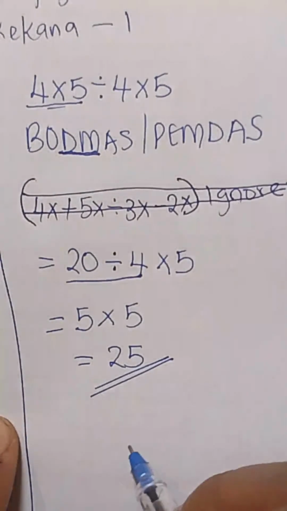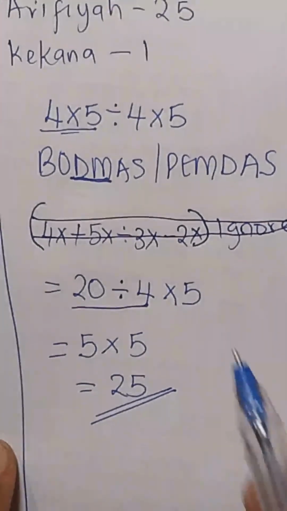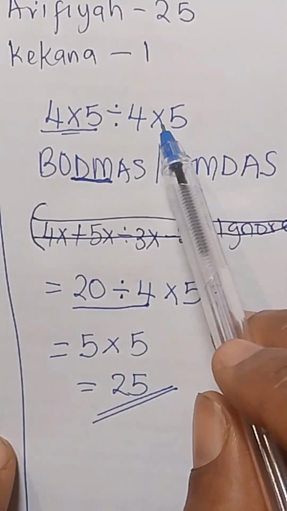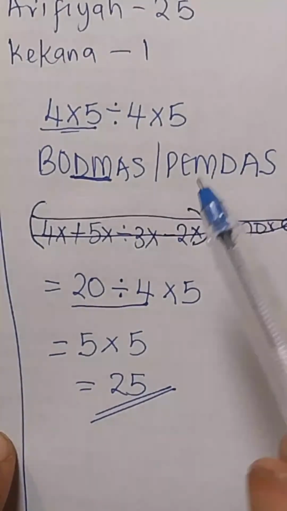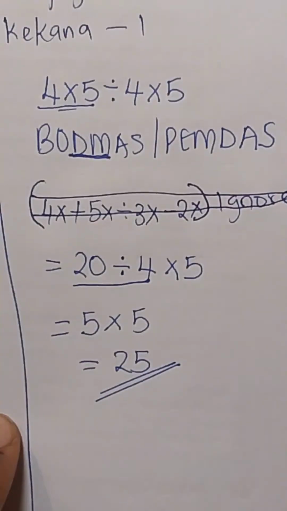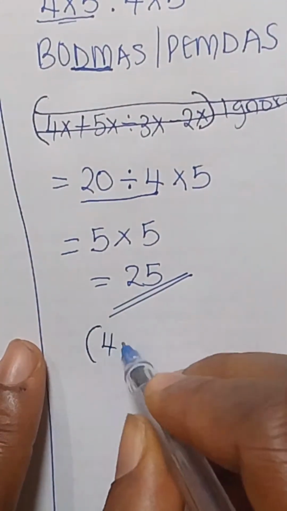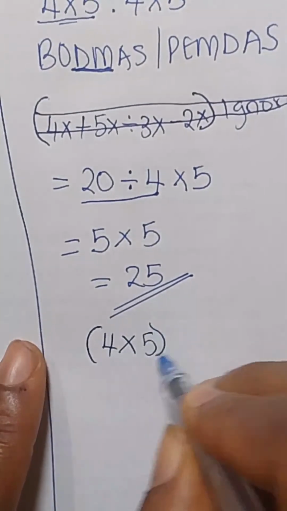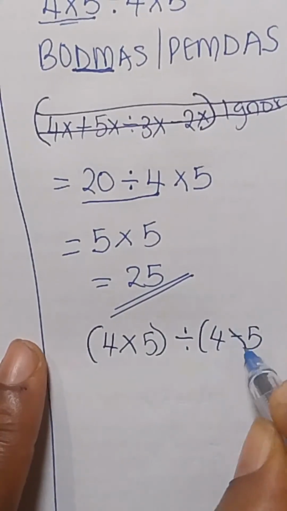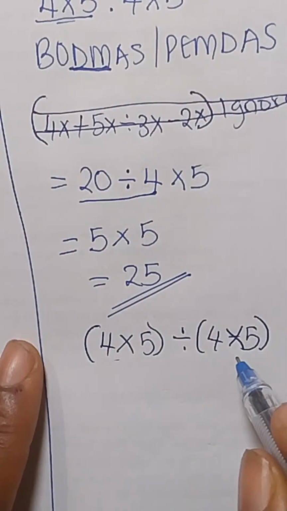Okay. So we solve, please. One is the answer only if this was in parentheses, if it was in brackets. You know one can be the answer, but one is not the answer here. We apply BODMAS. So that is how you solve it. If we are given 4 multiplied by 5 in brackets divided by 4 multiplied by 5 in brackets, when you have this situation, that is the only way one can be the answer.